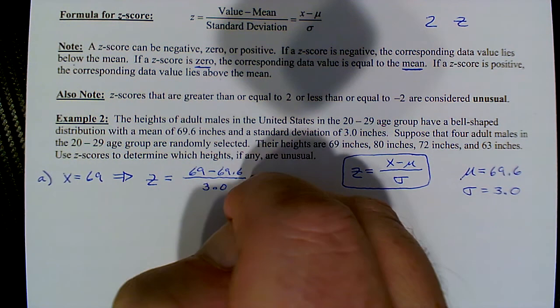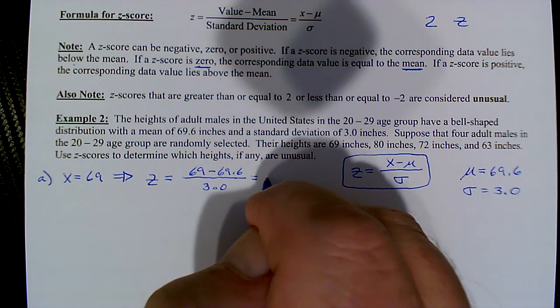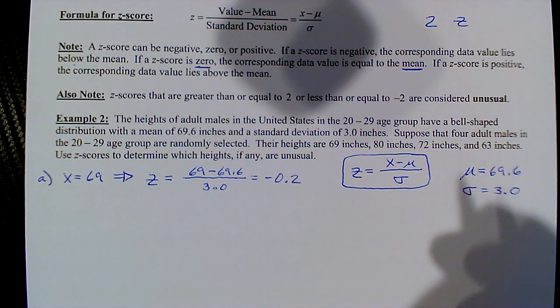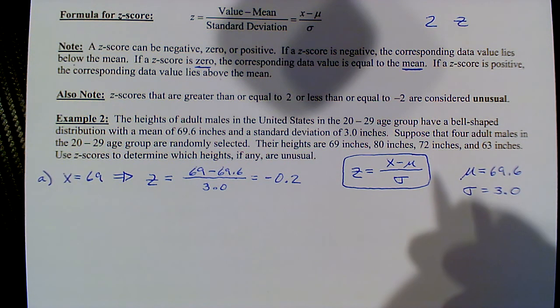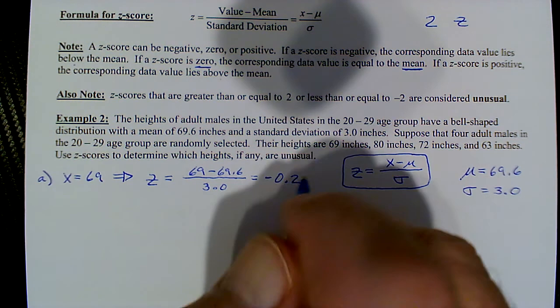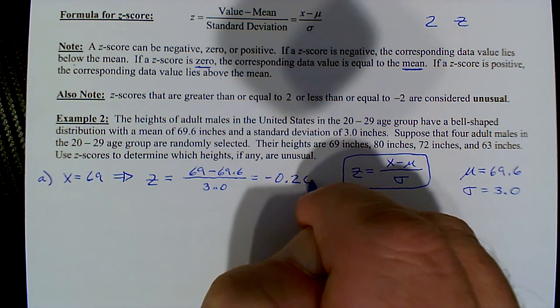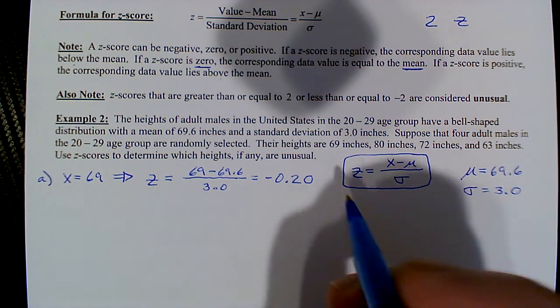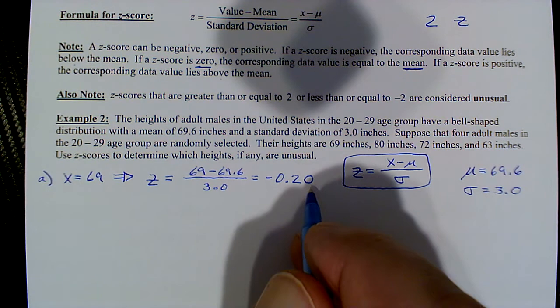Good practice when you calculate a z-score, even though negative 0.2 is the exact value, we usually will list a z-score to the nearest hundredth. So negative 0.20 might be a way to write that. And we'll see why in chapter 5. But that's not unusual because it's not below negative 2 standard deviations or above 2 standard deviations.